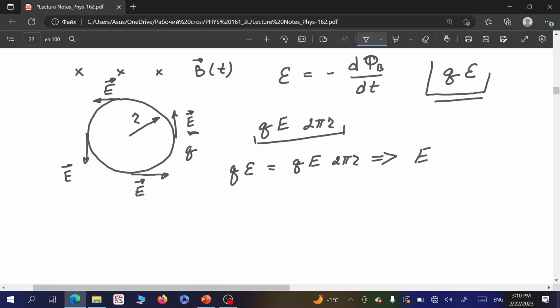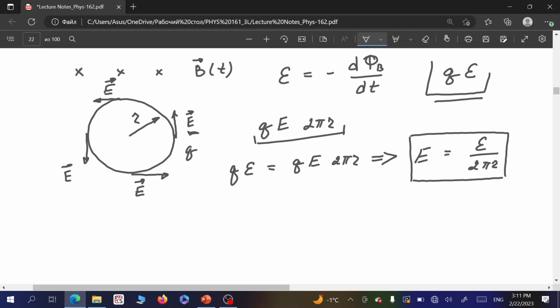So E is equal to electromotive force divided by 2 pi R.